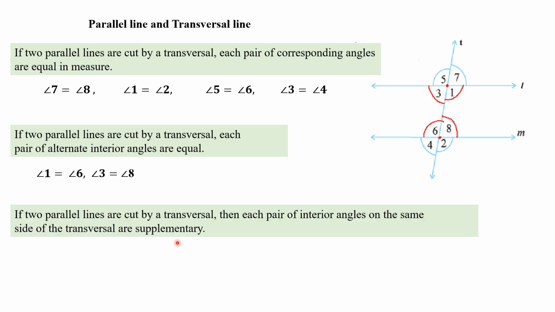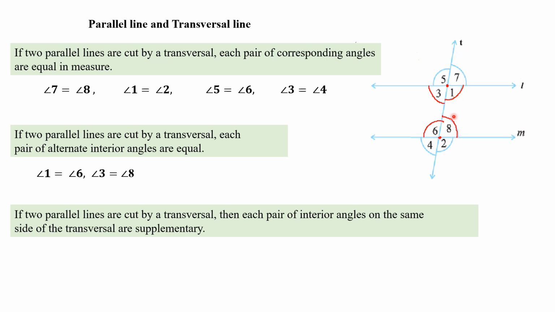Okay. Now if two parallel lines are cut by a transversal, then each pair of interior angles on the same side of the transversal are supplementary. Now we already know that the interior angles are angle 1, 3, 6 and 8. But here it is given the pair of interior angles on the same side of the transversal.